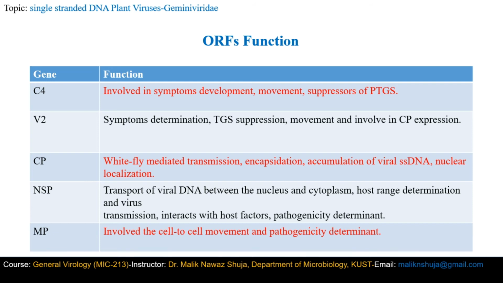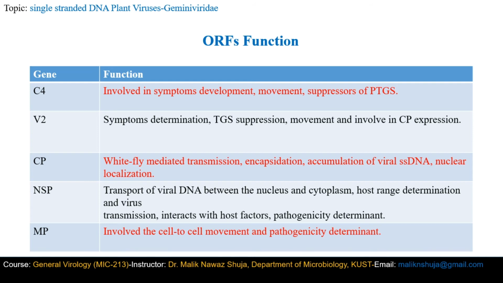CP is not only involved in encapsulation of the virus, but it also plays a vital role in whitefly-mediated transmission, and in the accumulation of viral single-stranded DNA and nuclear localization.